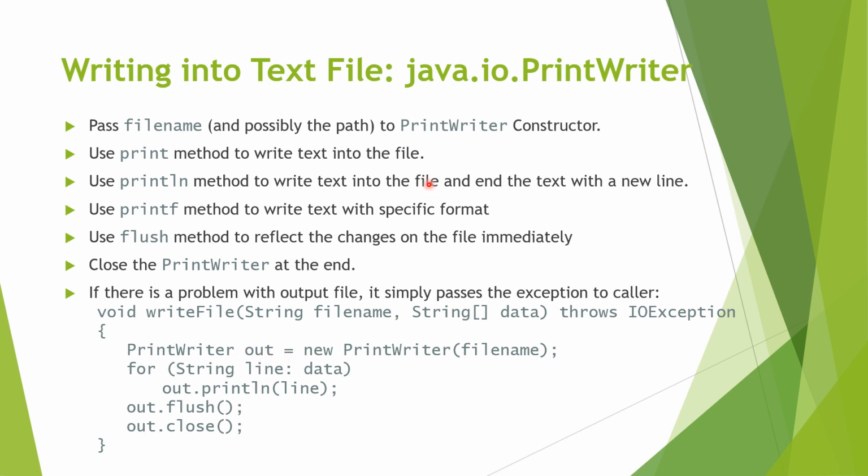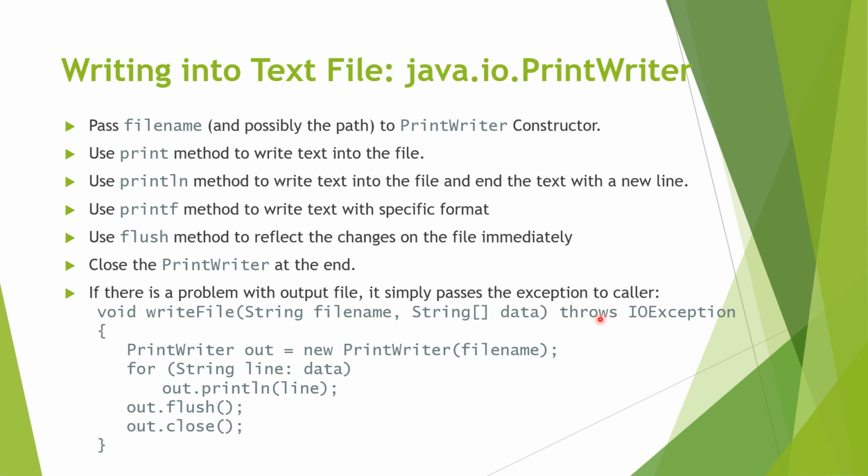Please note that the PrintWriter constructor can throw an exception if, for example, the file name is not letting you write into it, or if the file name is made of some illegal path that the file system doesn't recognize, then the constructor can throw an IO exception, like a file not found exception.